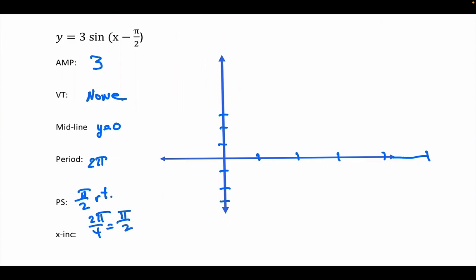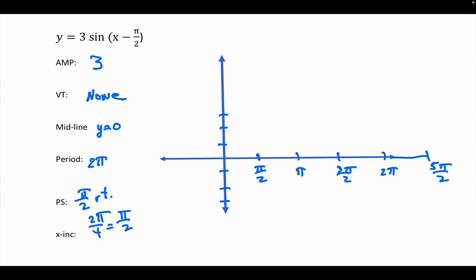So my x increment is going to be pi halves, but it's been translated pi halves to the right. So this is going to be my pi halves right here, and then pi, 3 pi halves, 4 pi halves, which is 2 pi, and then 5 pi halves sitting out here, which would complete the period.